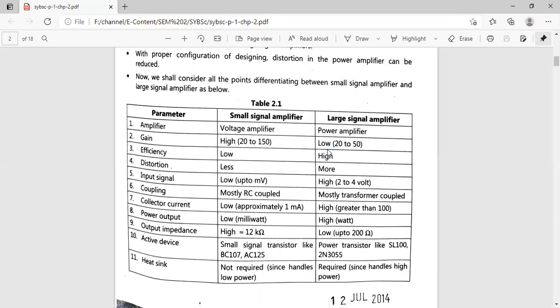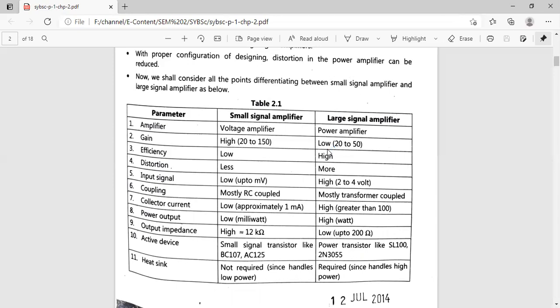After that, power output. The output of a small signal amplifier, as its name indicates, is low, in milliwatts, and in a large signal amplifier, the output is very high, in watts. Output impedance is high in a small signal amplifier, about 12 kilo ohm. In a large signal amplifier, it is low, up to 200 ohm.